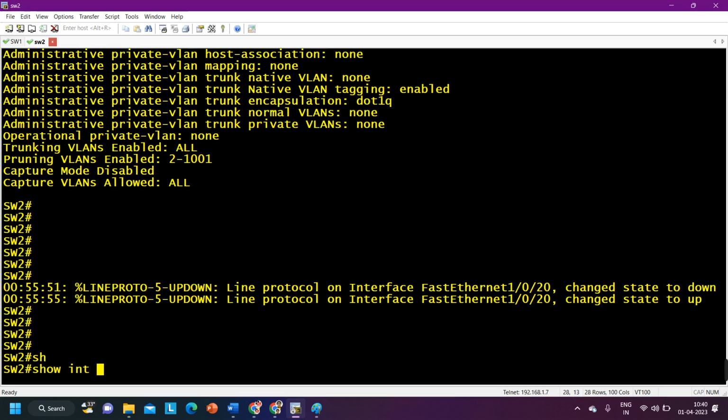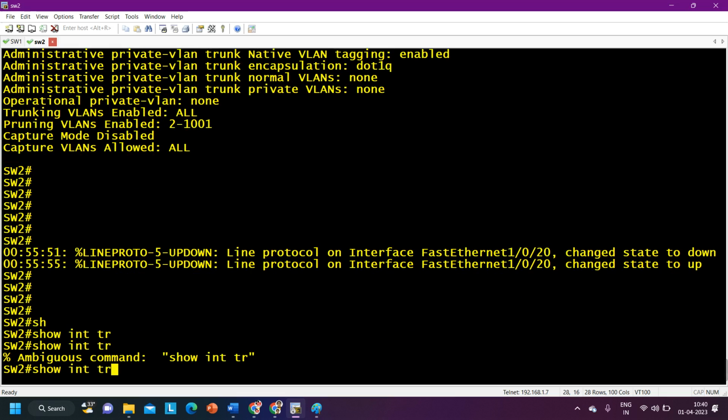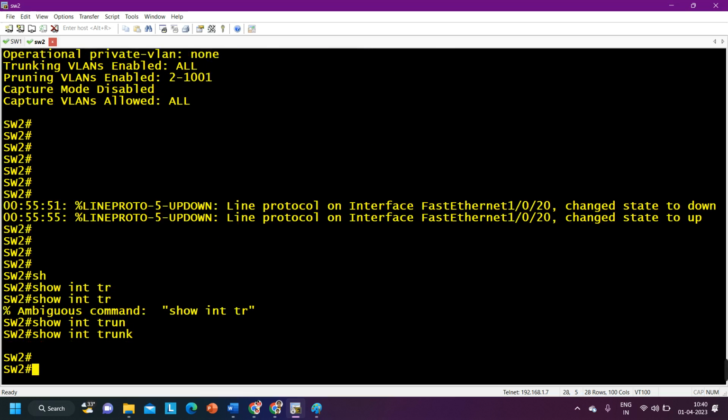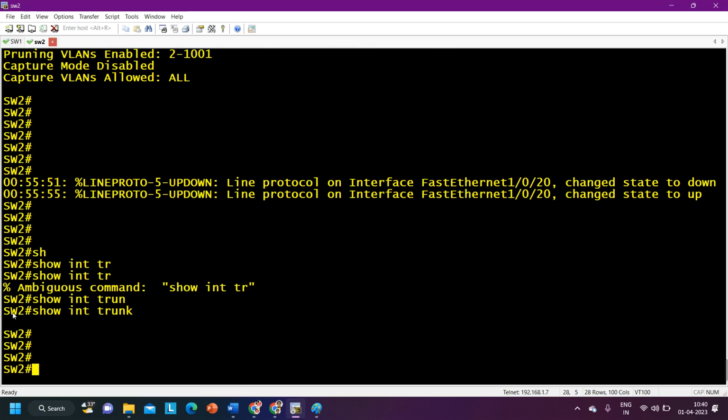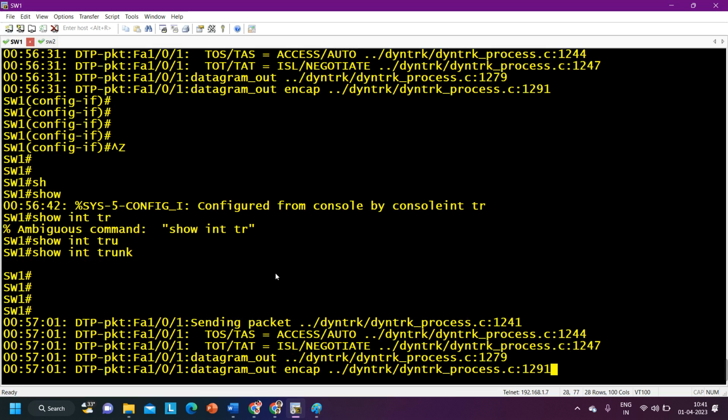On this switch also show interface trunk. Yes, and now you can see switch 2 is not sending any DTP message, or it is still sending DTP message. Yes, it is still sending, but now it's sending to router number 1. From which port guys? f1/0/1.